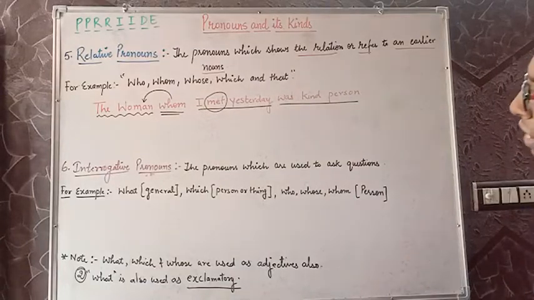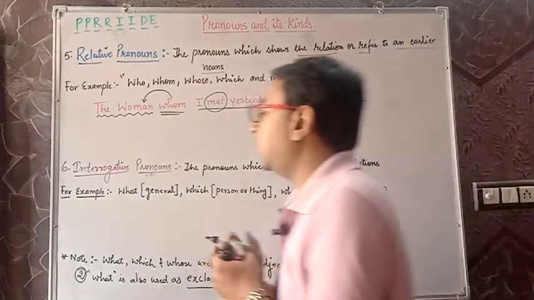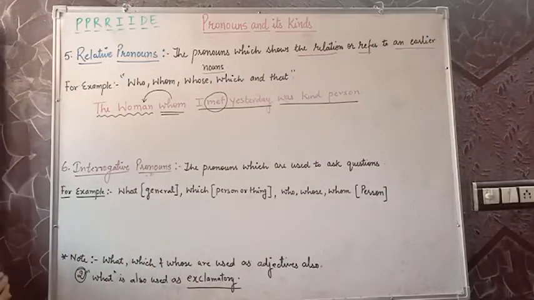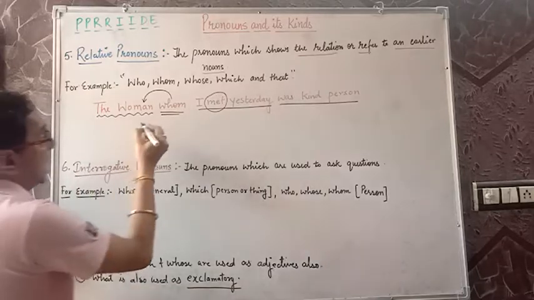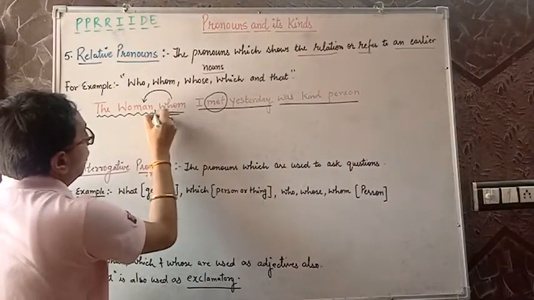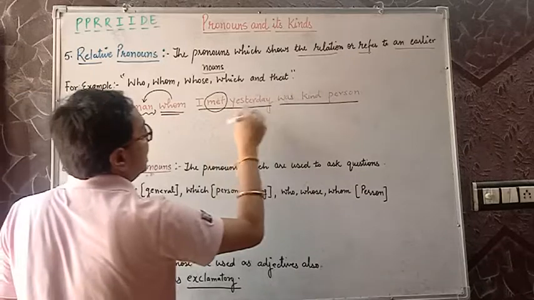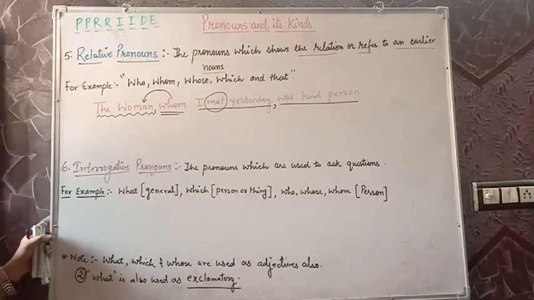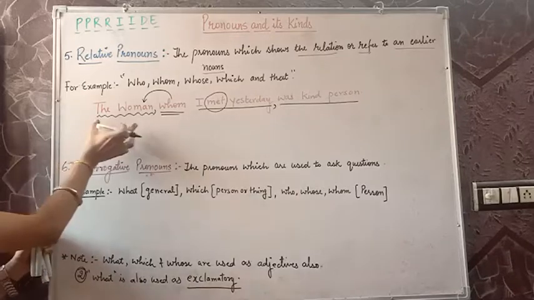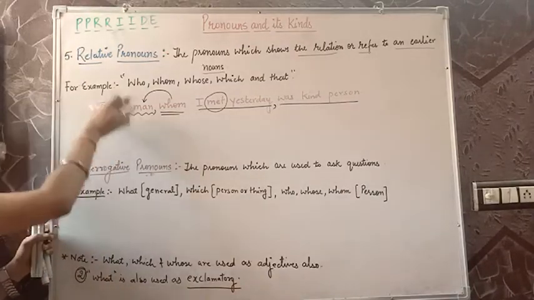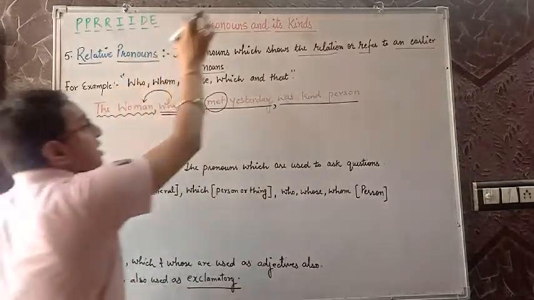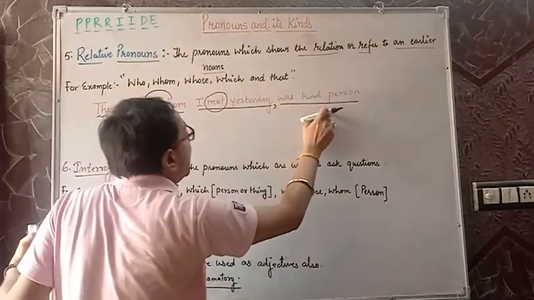Even we can take another example. Sometimes, see, it's very important to know punctuation in this. Actually, I am talking about the woman, whom I met yesterday, was a kind person. Understand why I put these commas. This woman I introduced, whom I met yesterday is another part, and she was kind is another part.